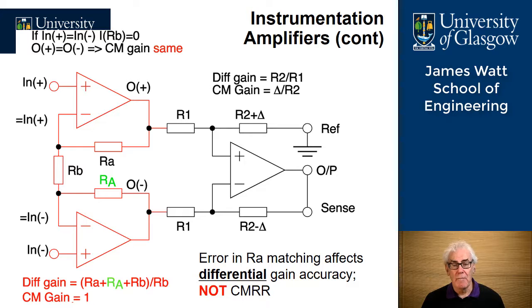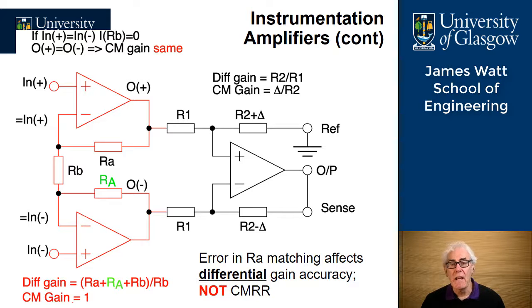On the opposite amplifier, on the negative side, we have in minus connected to the non-inverting input, and the same voltage, in minus, is connected to the inverting input. Since there is no current flow through RA and no current flow through RB, the gain must remain a common mode gain of 1.